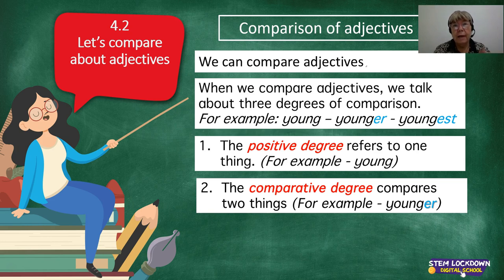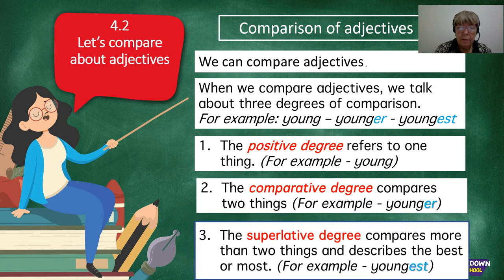Her sister is younger than her. The third one is called the superlative degree, and that compares more than 2 things and describes the best or most. For example, he is the youngest in the family. She is the oldest in the family.